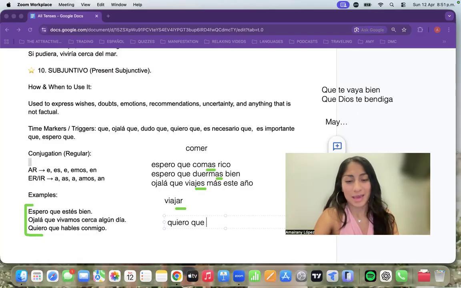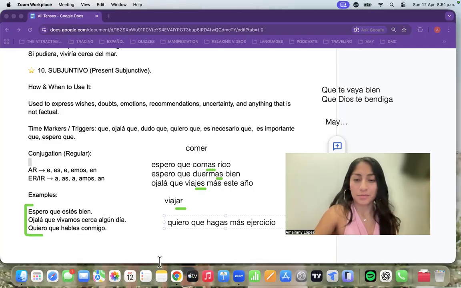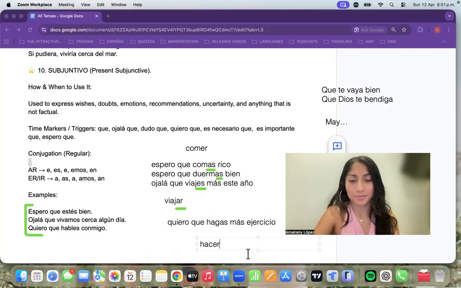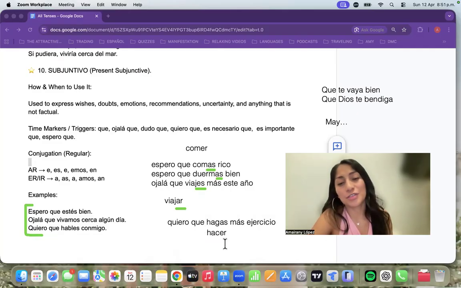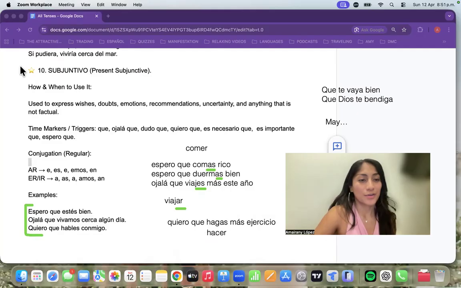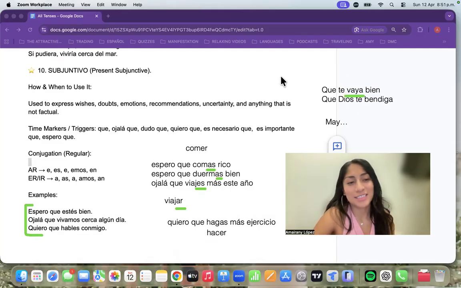"Quiero que hagas más ejercicio." Now, this one would be from "hacer," and "hacer" is an irregular verb, okay? So just a little introduction to how they look when they are irregular verbs. For example, "vayas." Can you guess which verb is the root?